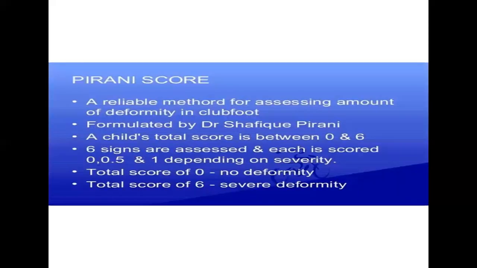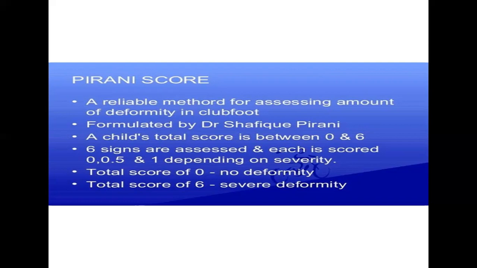Pirani score, a reliable method for assessing the amount of deformity in clubfoot, formulated by Dr. Shafiq Pirani. A child's total score is between 0 and 6. Six signs are assessed and each is scored 0, 0.5 or 1 depending on severity.